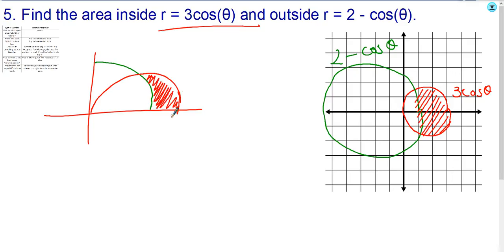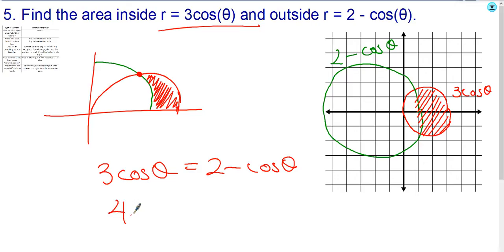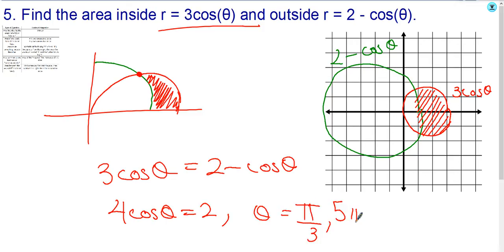I need to find my points of intersection first to figure out where this point is. So I get 3 cosine theta is equal to 2 minus cosine theta. And so this will give me 4 cosine theta is equal to 2. So cosine of theta will be 1/2. So theta will be pi over 3 and 5 pi over 3.